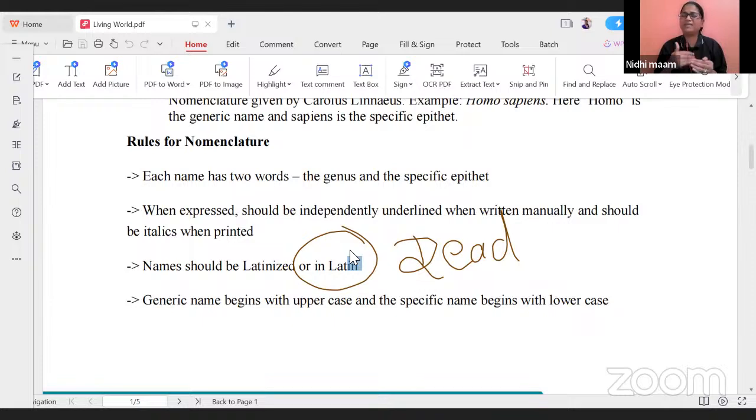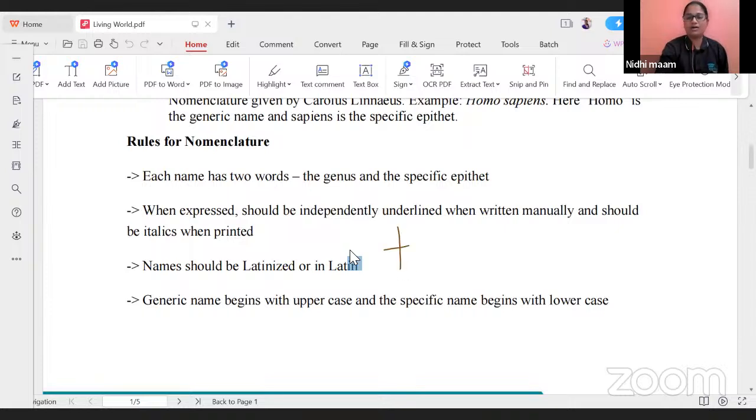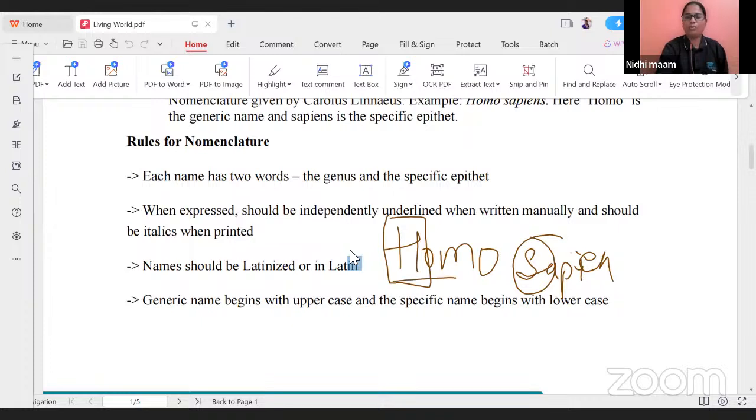Even though they might know it personally, it is not widely used like English or Spanish. Next, the generic name begins with an uppercase letter, and the specific name begins with a lowercase letter. When I wrote Homo sapiens, you might observe the genus name starts with a capital letter, whereas the species name starts with a small letter.